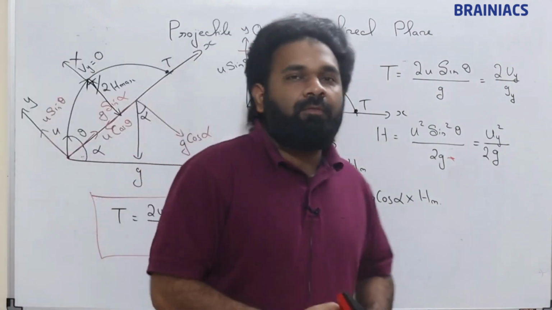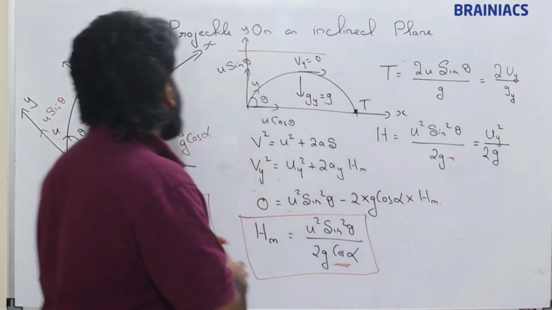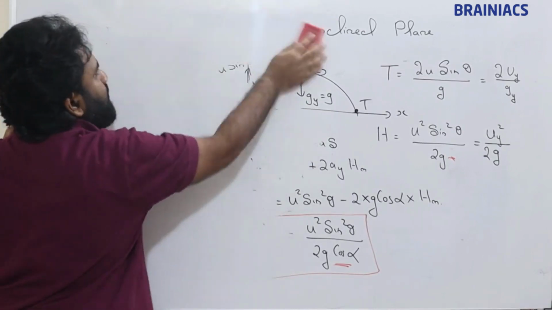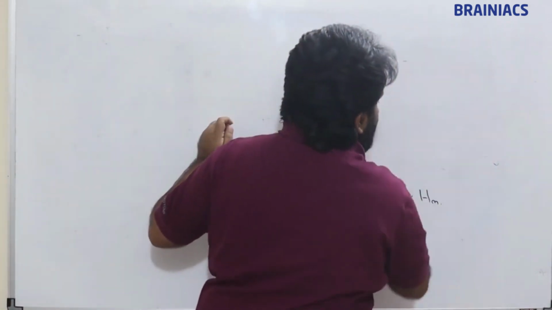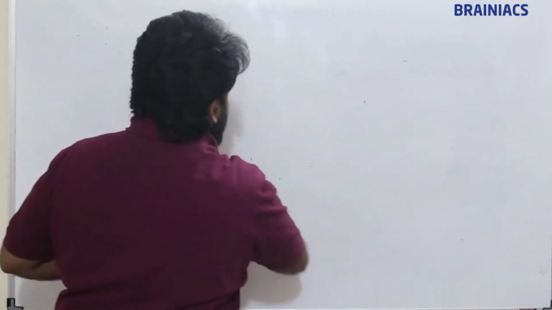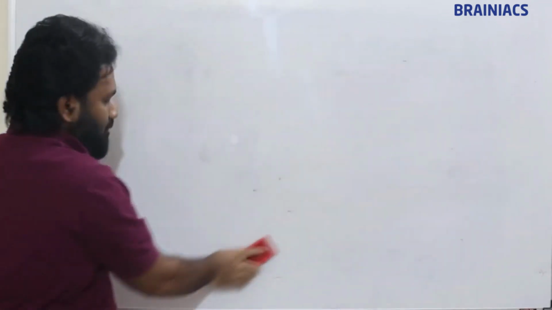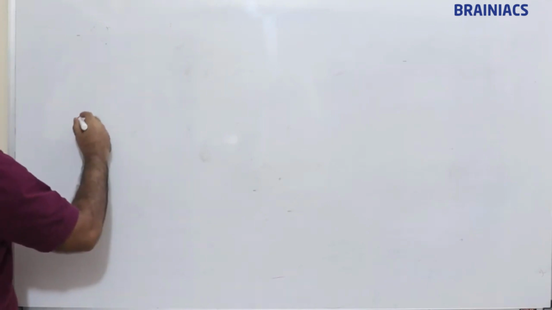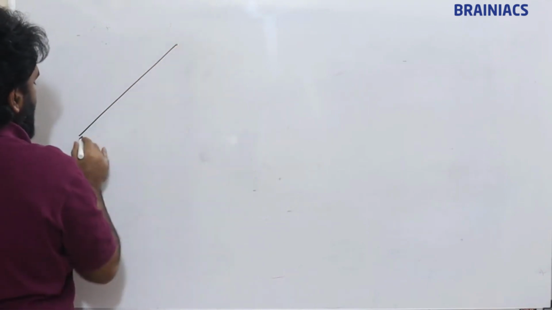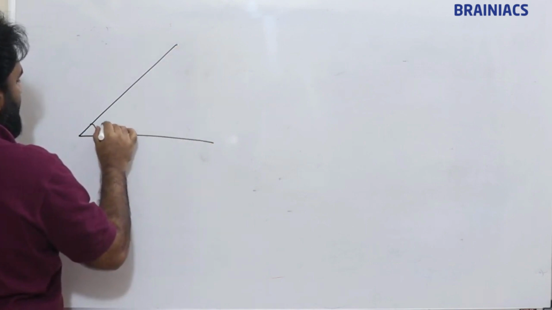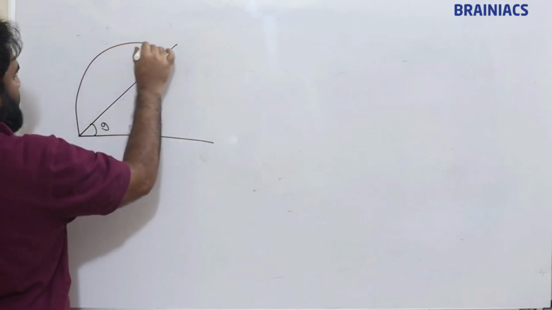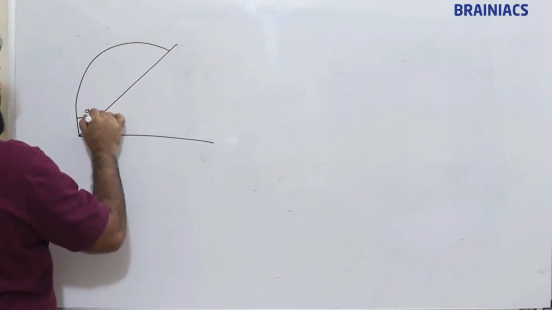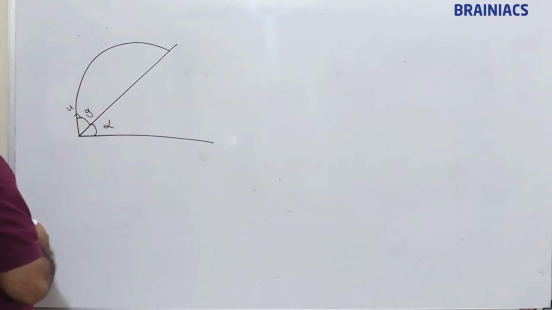Okay children, so now we will see the range. Okay, so in order to find range, projectile, this is alpha, it is projecting at an angle theta with the velocity u.